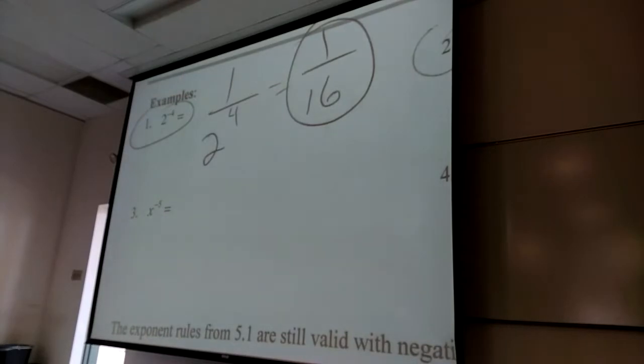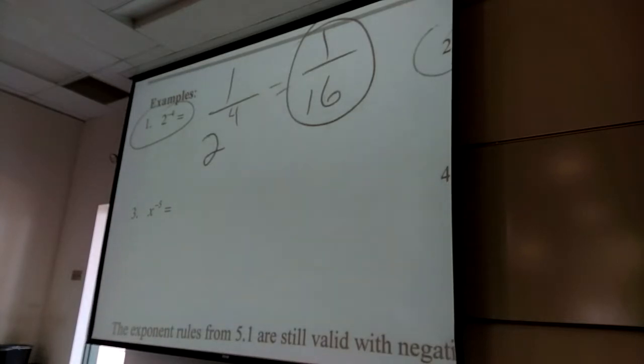So think about it: what's 3 squared? 9. So what's 3 to the negative 2? 1/9. A power can never make something negative. A power can flip something. That's what a negative power means.